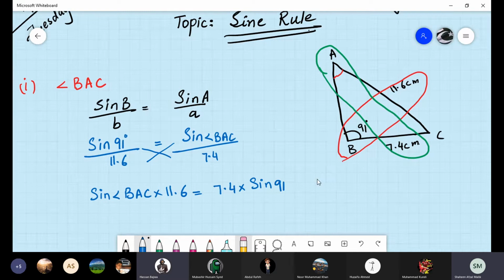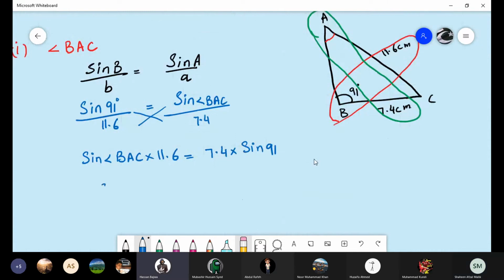Then we divide by 11.6. Sin angle BAC is equal to 7.4 multiplied by sin 91 divided by 11.6.